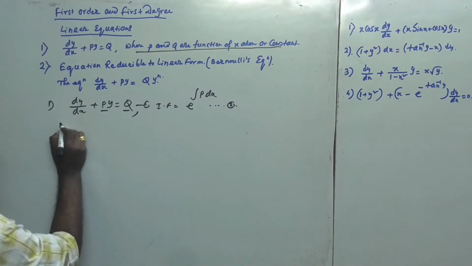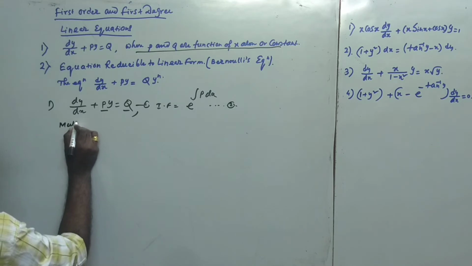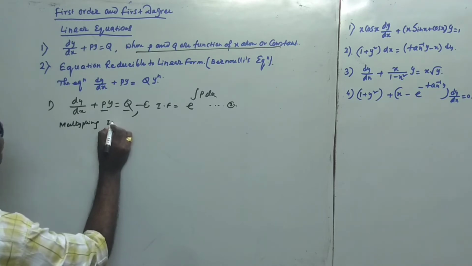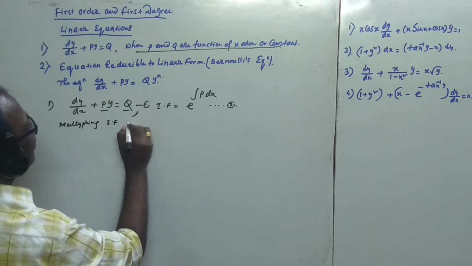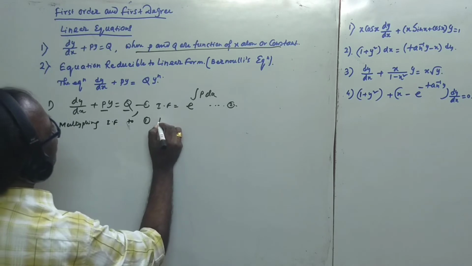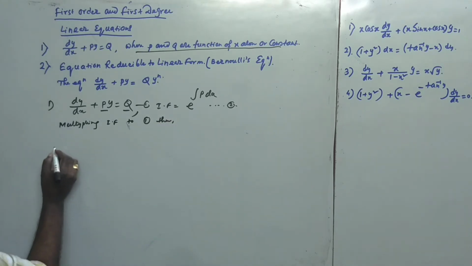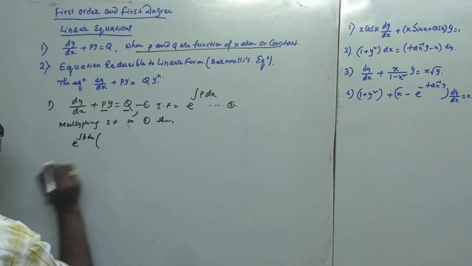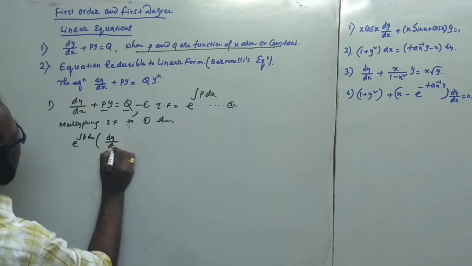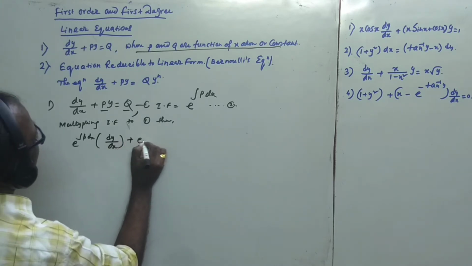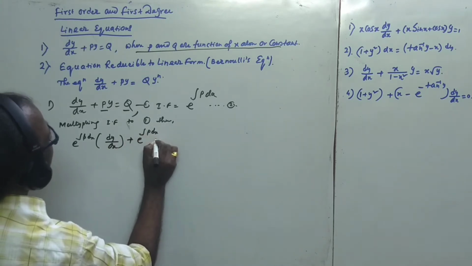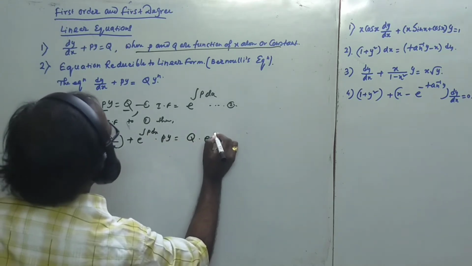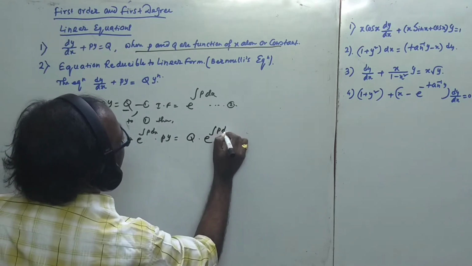Multiplying it to equation 1, then e to the power integral P dx times dy/dx plus e to the power integral P dx times Py is equal to Q times e to the power integral P dx.